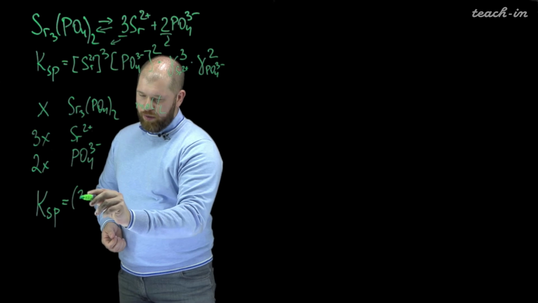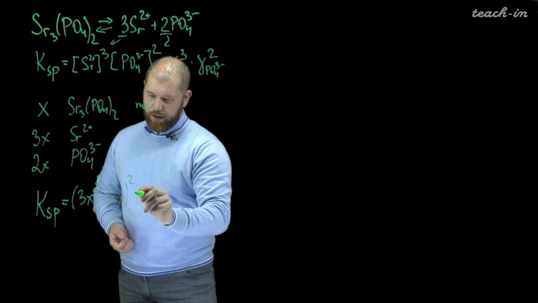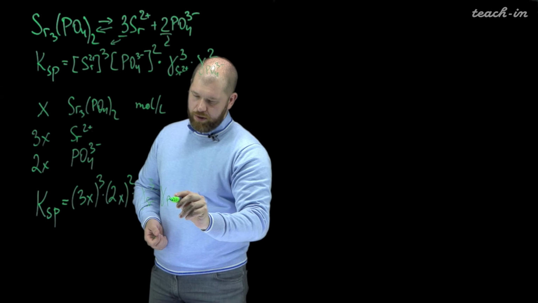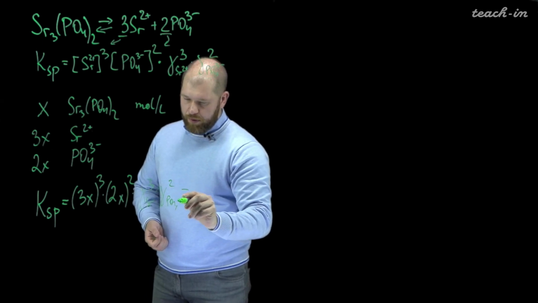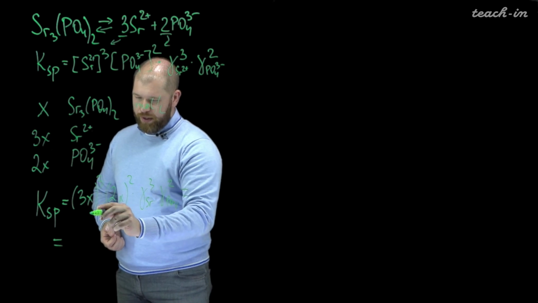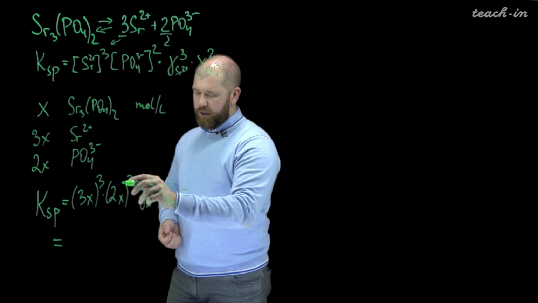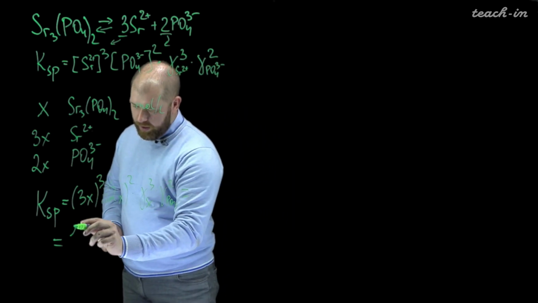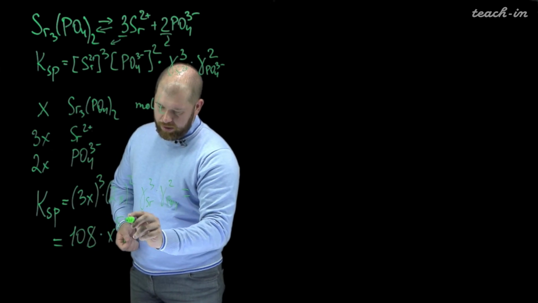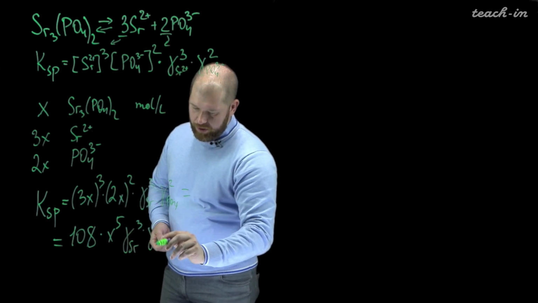It will be 3x cubed times 2x squared, with this coefficient for strontium and for phosphate, and thus it will be 27 multiplied by 4, which gives us 108 x to the degree 5, and then these thermodynamic coefficients.